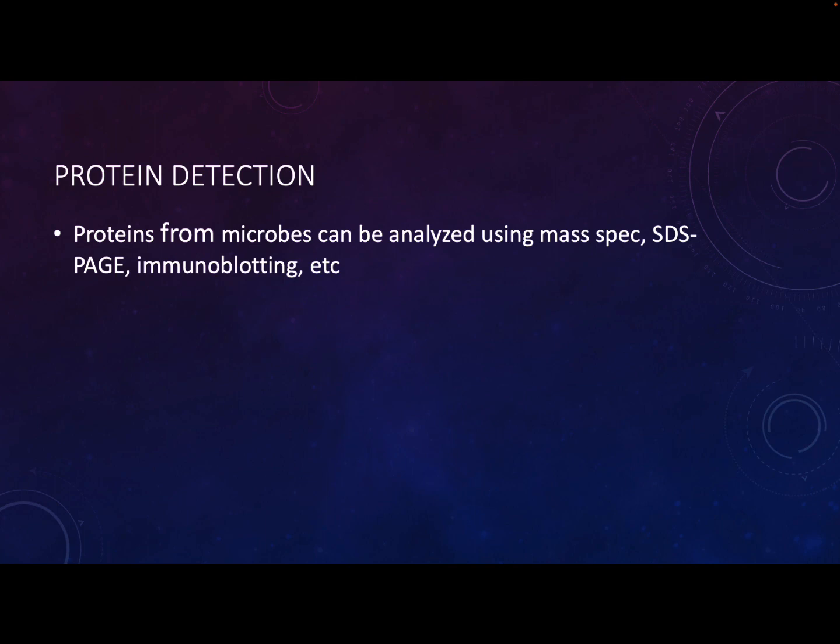So protein detection can be accomplished in a number of different ways. Mass spec is probably the most complicated, but there's SDS-PAGE, so running a protein gel instead of a DNA gel, Western blotting, immunoblotting, and ELISAs, enzyme-linked immunosorbent assays, which are very, very common ways to diagnose infection.